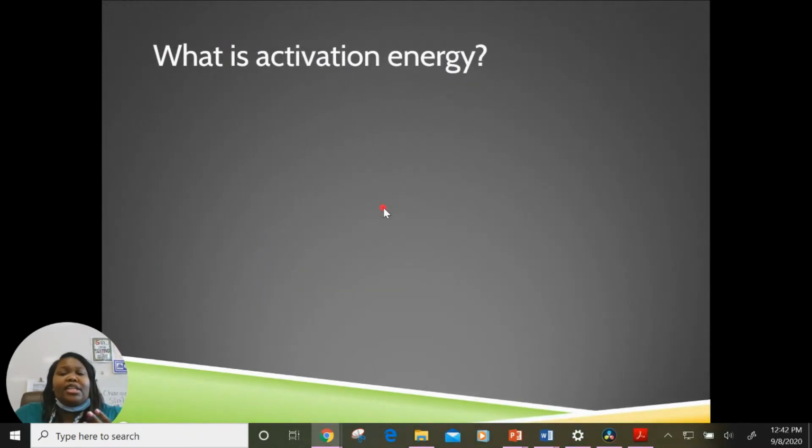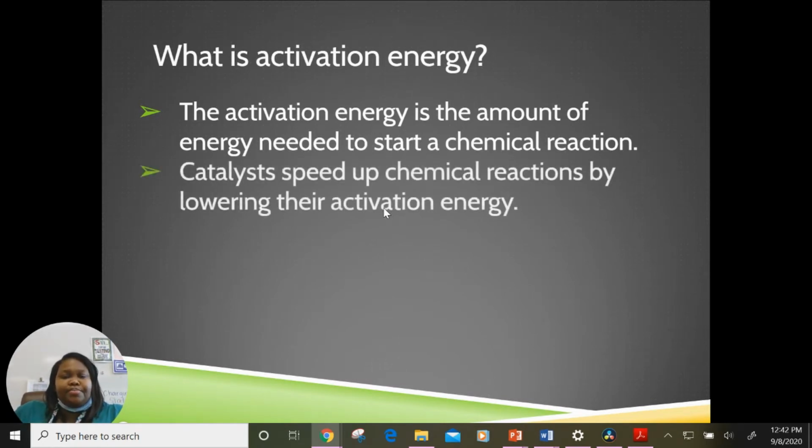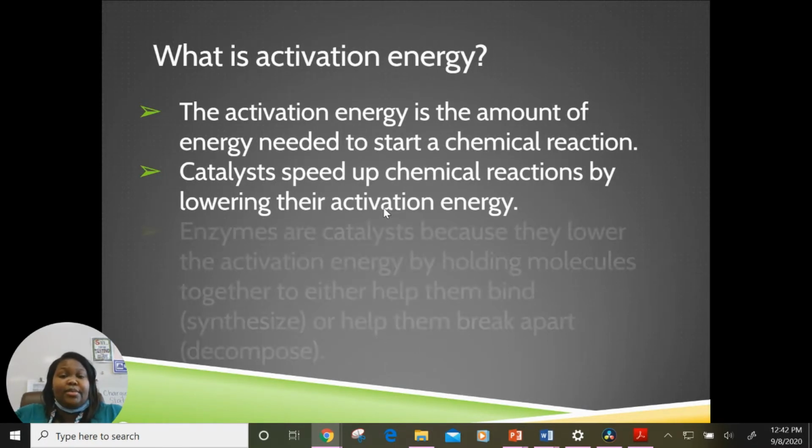All right, so what is activation energy? We've talked a little about that. The activation energy is the amount of energy that's needed to start a chemical reaction. So to get that reaction started, we need a certain amount of energy. That's called the activation energy. Catalysts or enzymes will speed up a chemical reaction by lowering the activation energy, just like we saw in the graph.